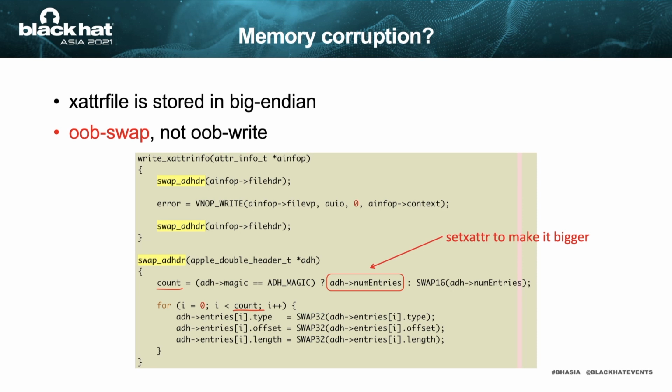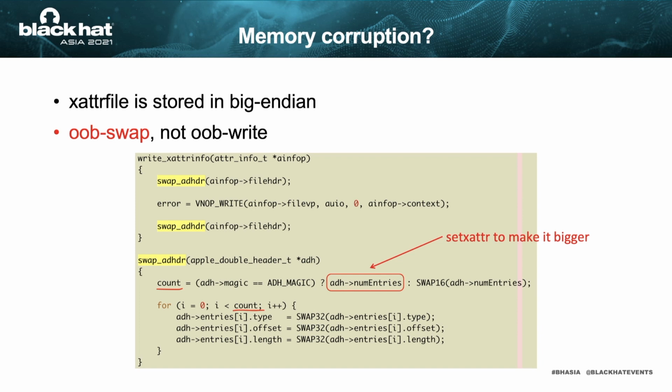Before and after writing xctr info to the file, there is a swap AD header operation respectively. This function does something relatively simple: it performs a swap operation on some integers in the header, that is, converting the byte order of some integers. Why is there a swap operation there?